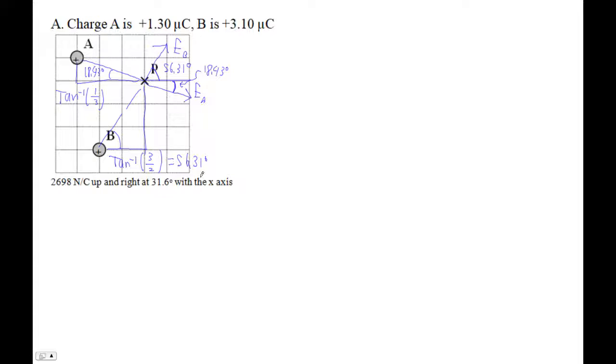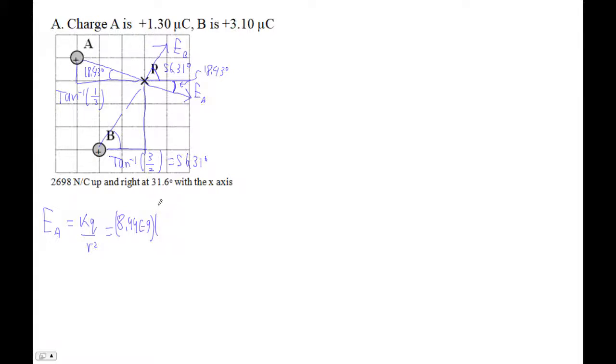Okay, so let's figure out EA, the electric field at P due to A. That's what I'm trying to do, right? And this is KQ over R squared. This is not in your data packet, so do memorize this. So this is going to be 8.99. Don't know why it's not in the data packet either.